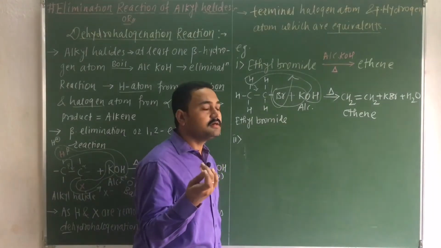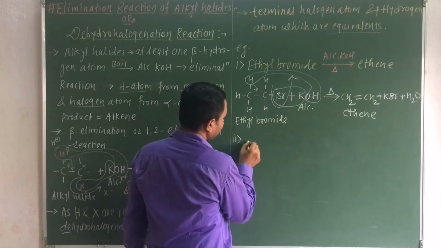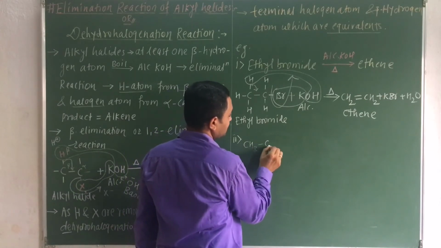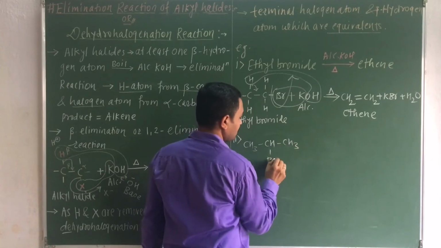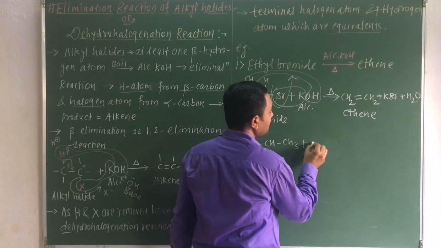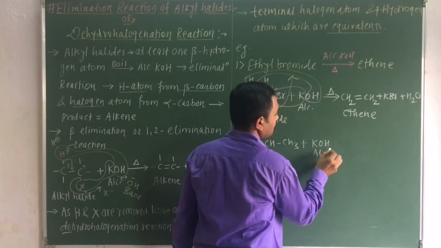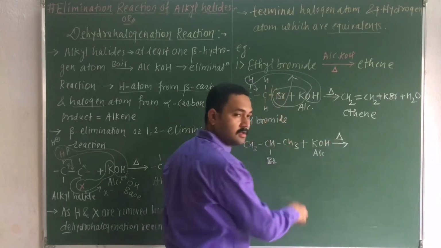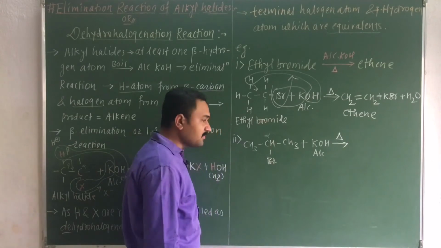Now let us consider the second example, that is isopropyl bromide. For example, CH3, CH, CH3, Br. This will be your isopropyl bromide when it is boiled with alcoholic KOH. Again remember this carbon atom is your alpha carbon atom.